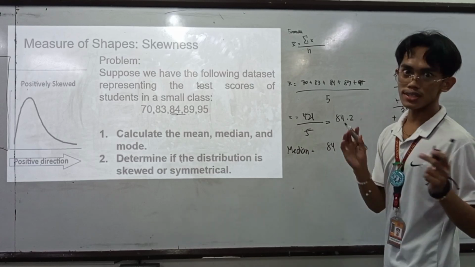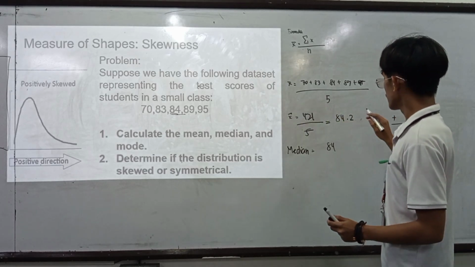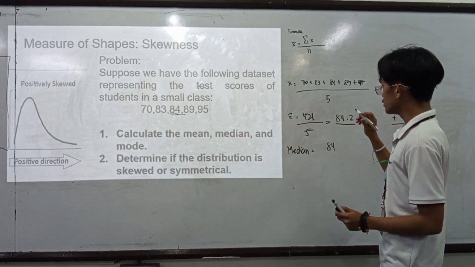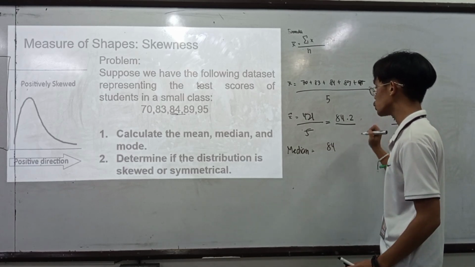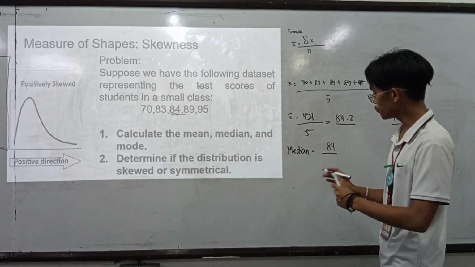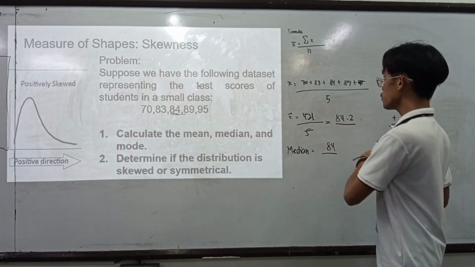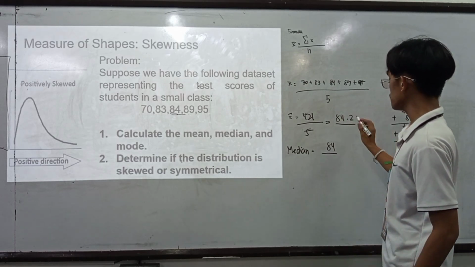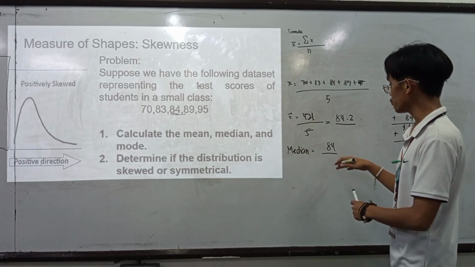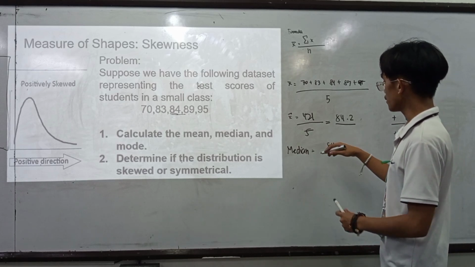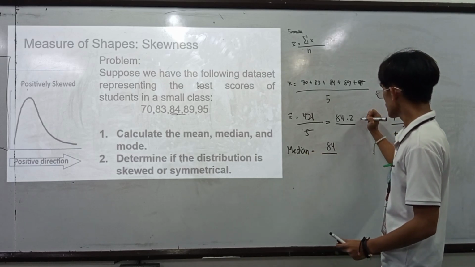Now, as you can see, the value of the mean is 84.2, while the value of the median is 84. The value of the mean is slightly higher than the value of the median.